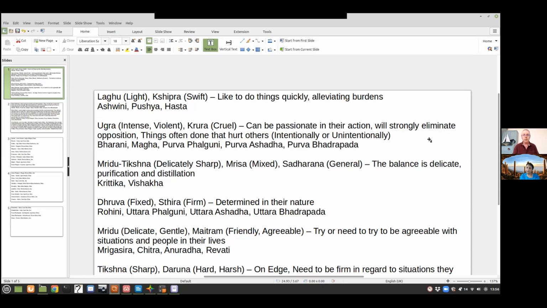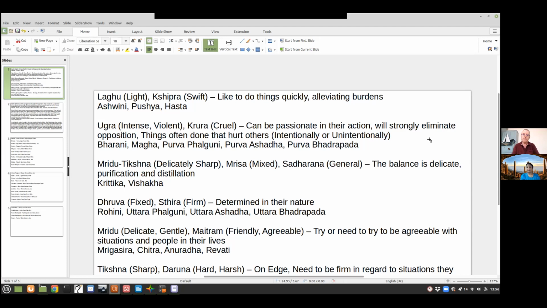Oftentimes you'll find if there's a Bharani element present in a relationship, then if it's activated at the right time in association with other factors in the horoscope, like 7th and 12th house factors that can end a relationship, the person's going to be very firm in moving on from the relationship.